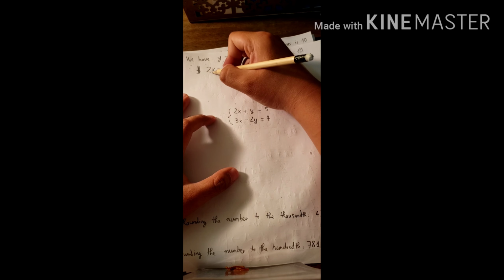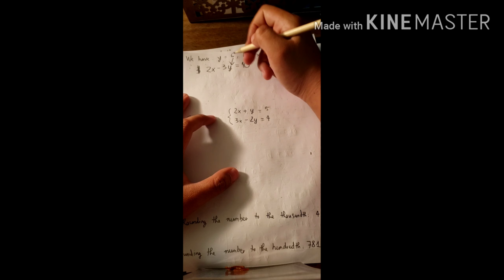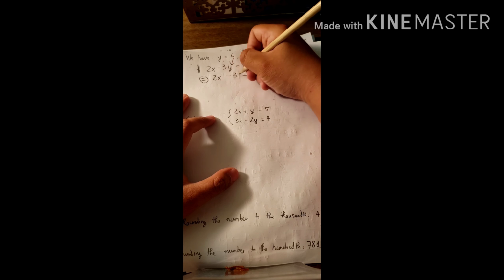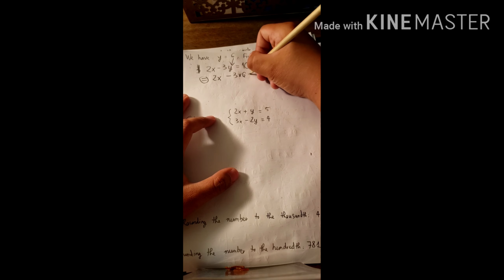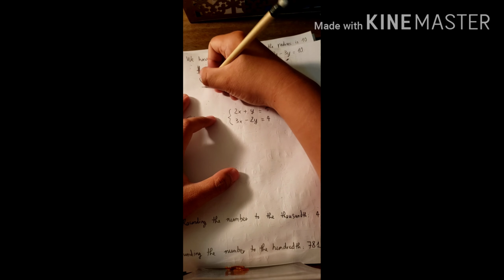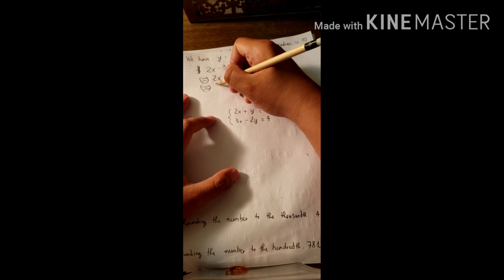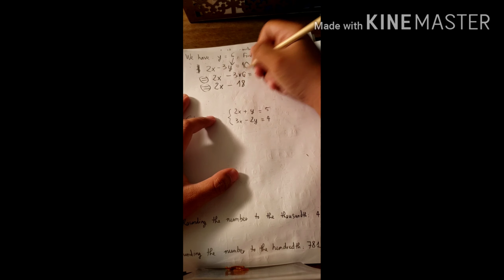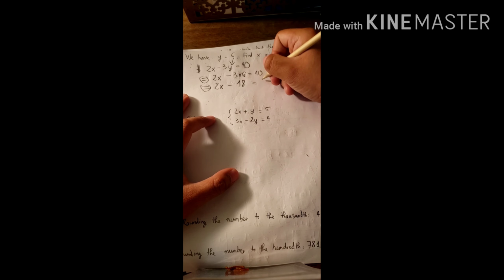To get the s in here, we put the number 6 in here. So that we have 2s minus 3 multiplied with 6 equal to 10. We have minus 3 multiplied with 6, we have 18, equal to 10.